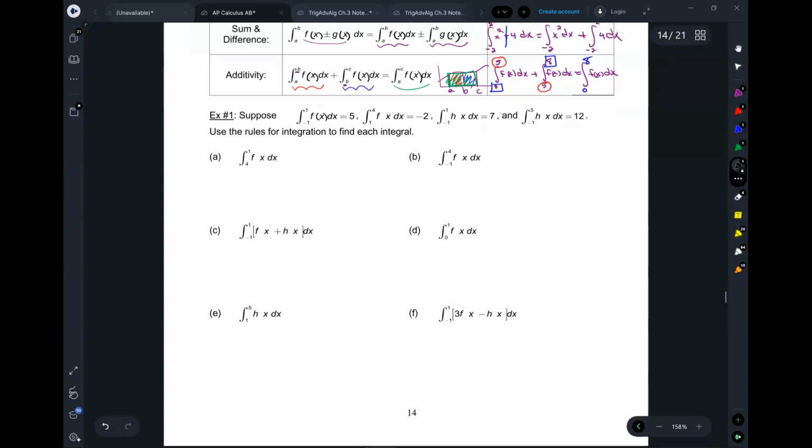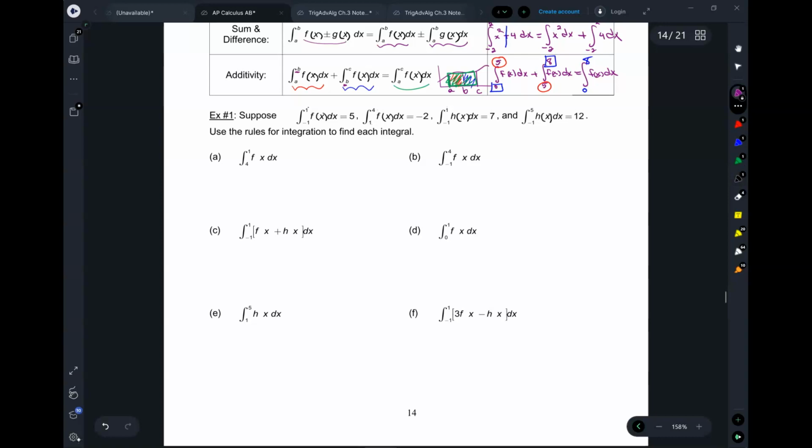Okay, so let's do an example here. Here, I'm given a couple of integrals, all right? Let's take a look at what I'm given. 2 of the integrals involve f of x, and 2 of them involve h of x. So the first 2, the integrals go from -1 to 1, 1 to 4, and then again, -1 to 1, -1 to 5.